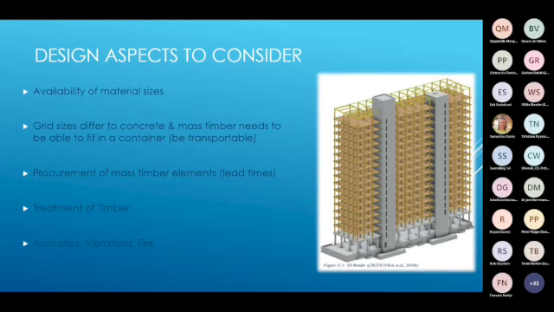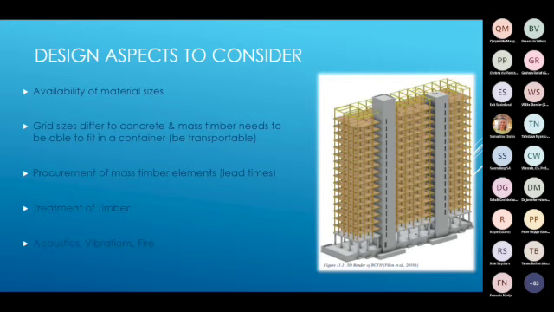So we'll have a 6 by 9 column grid spacing typically. Also, the mass timber needs to be transportable, which is a very important aspect. So we need to make the member sizes as practical as possible to fit into a container, which is why we go with the 6 meter, 6 and 6 can give you 12, and then it'll fit in that container.